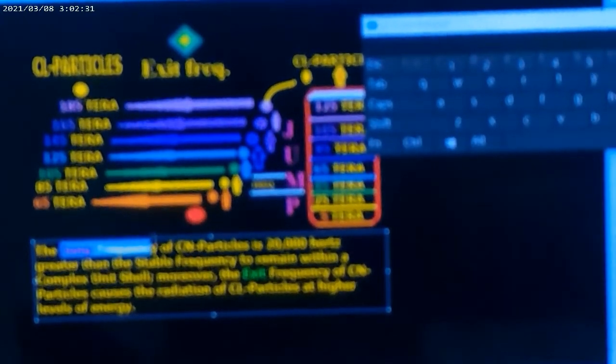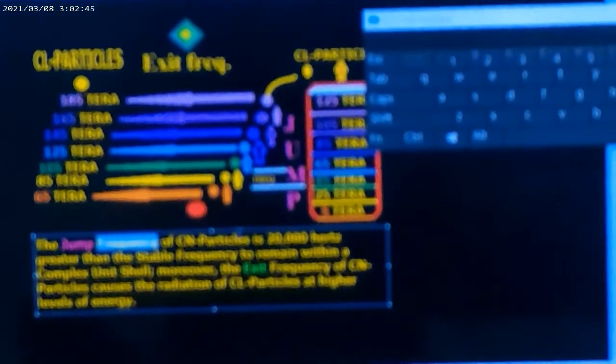Maybe put an underline here. Nope, it doesn't look good. We will put a different color there.